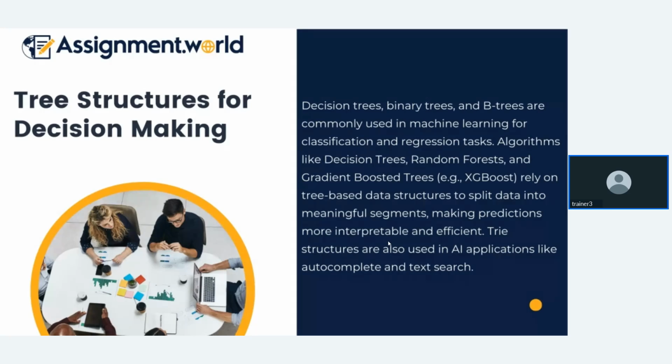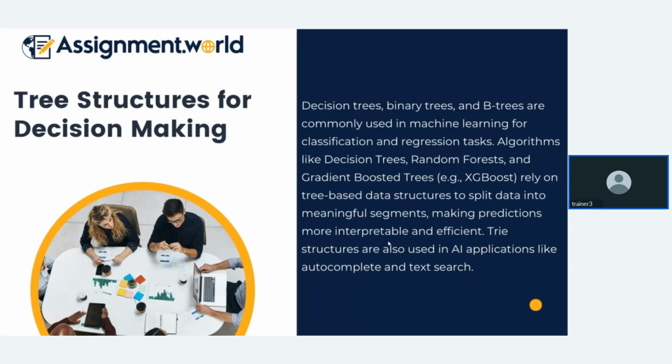Algorithms such as decision trees, random forest, extreme gradient boosting, XGBoost, that is gradient boosting trees, all rely on tree-based data structures. So what do they do? They split the data into meaningful parts, where the first one represents the root node and the following represent the child nodes or subnodes.